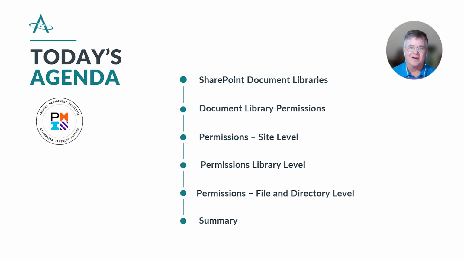We're just going to talk a little bit about document library permissions and what that means. And we've got three areas of permissions that we're going to dig into. We're going to dig into site level permissions, library level permissions, and then we'll dig in and talk about file and directory level permissions. Then we'll summarize it at the end, and hopefully you can take away some information that helps you in your day-to-day work with SharePoint.